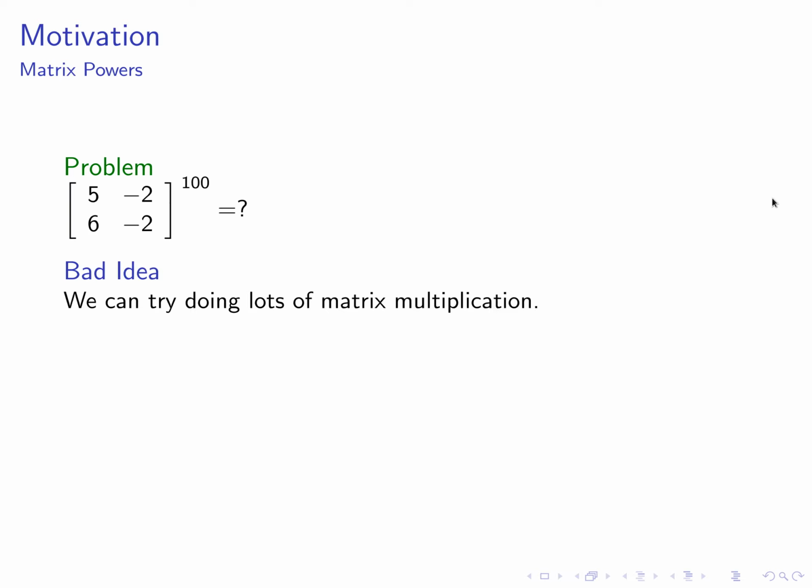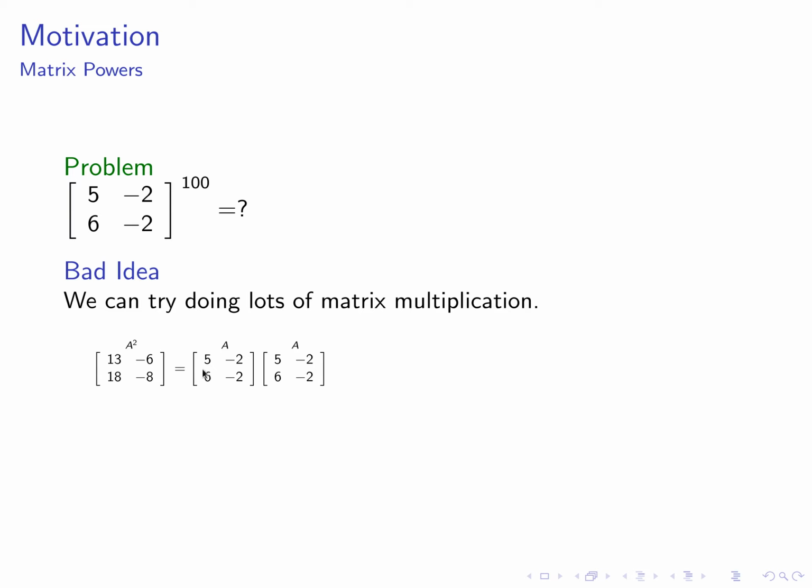So here's a bad approach to the problem. This isn't an unsolvable problem, but the real issue is finding an efficient way to solve it. One thing we can do is try to do lots of matrix multiplication. First, we can calculate A squared by taking A and multiplying it by itself.